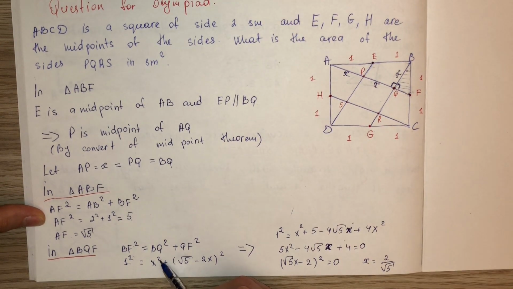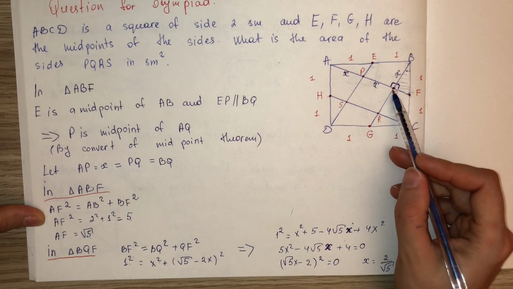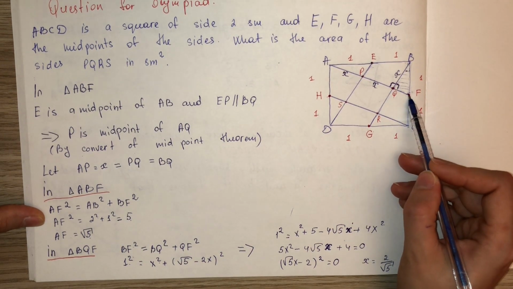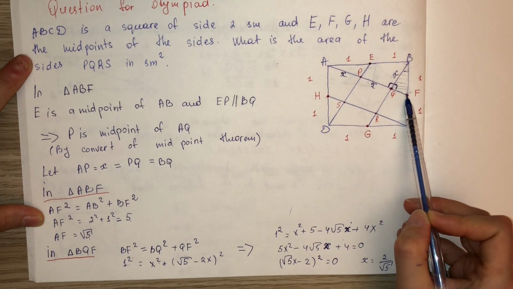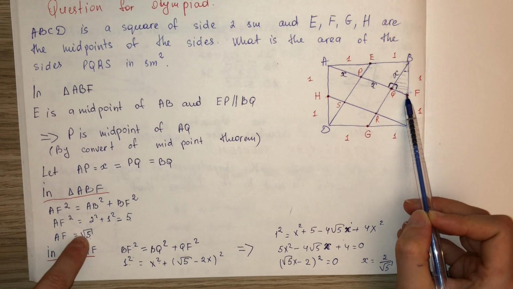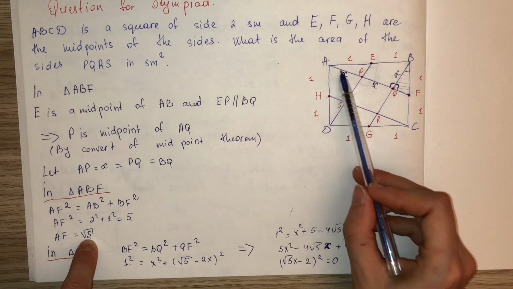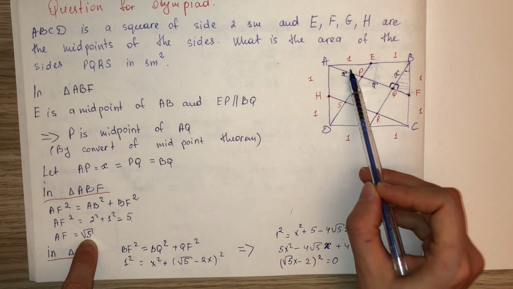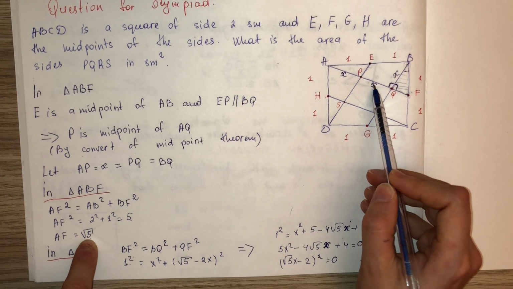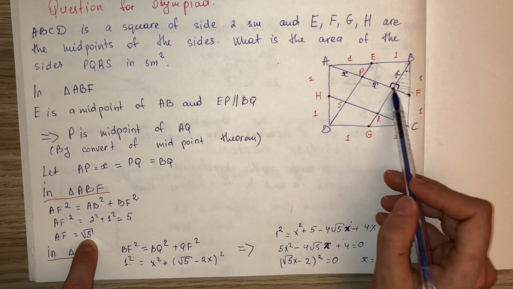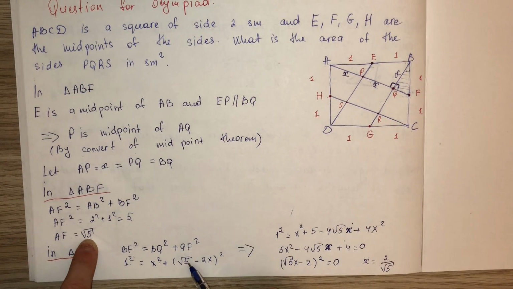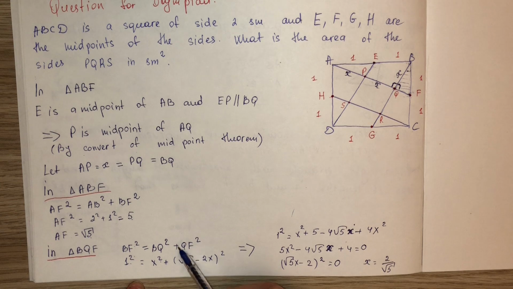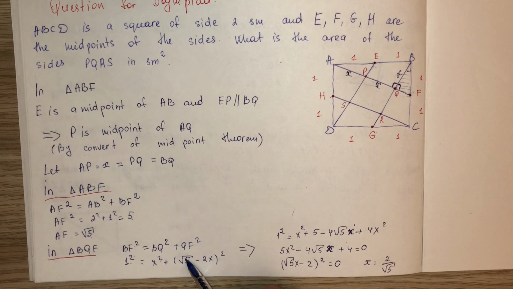It means that x squared plus what is the length of QF. We know that the length of AF is equal to the square root of 5, and here we have 2x. If we subtract this 2x from AF, we get QF, and we can write that instead of QF, the square root of 5 minus 2 times x, squared.